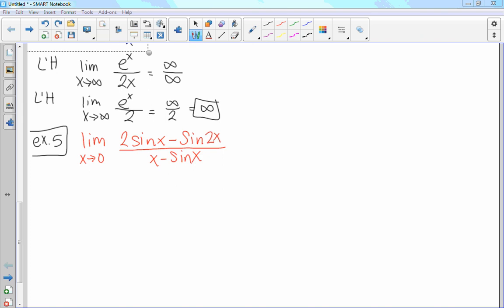Fun one, huh? But you should be seeing that every time you do L'Hopital's rule, your function is getting easier and easier, like simplifying, right?